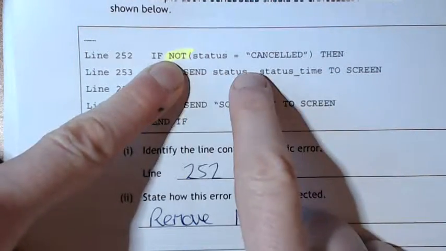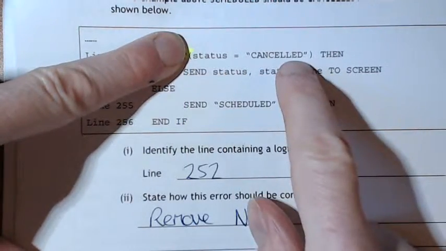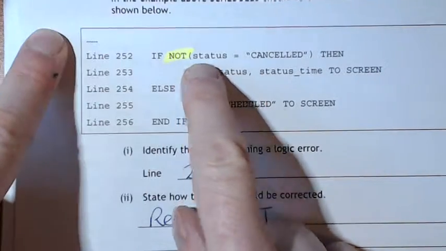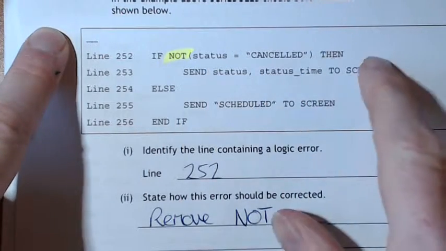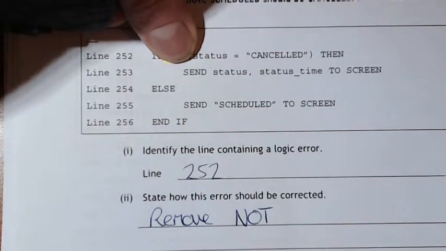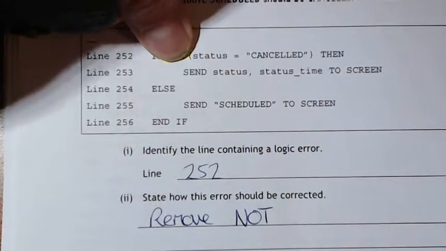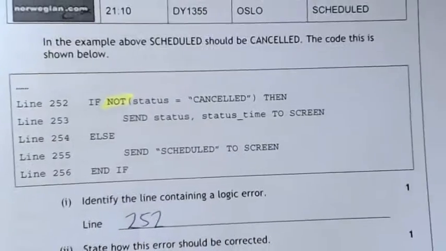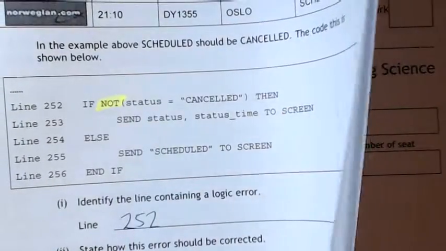That's like a double negative, so status is cancelled, that's basically saying if status is not cancelled. So if it's not cancelled, it would be scheduled, so you'd actually need to remove this not, okay, for the rest of that to make sense. But these ones are a bit rarer.